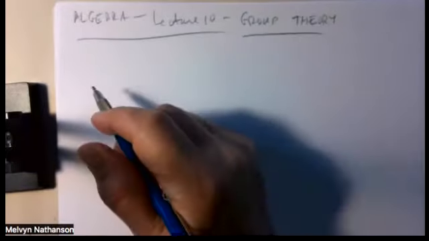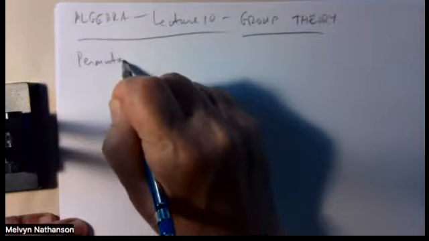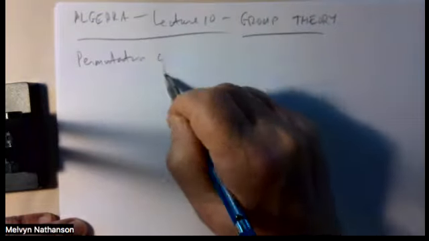One very important example of a group is a permutation group.